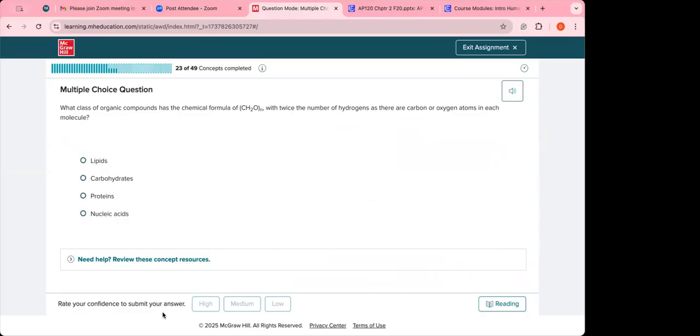So it's got twice as many hydrogen as carbon.